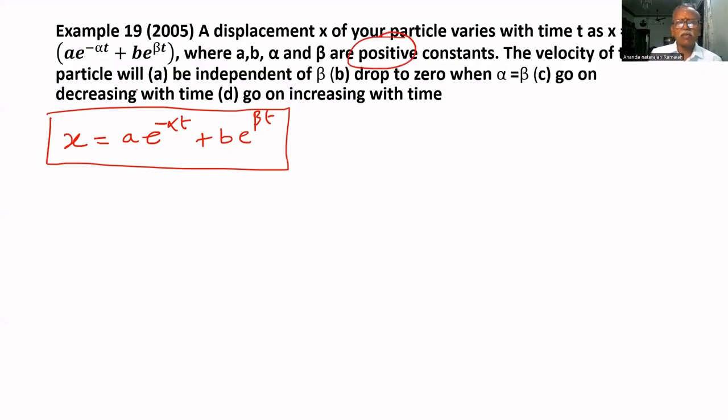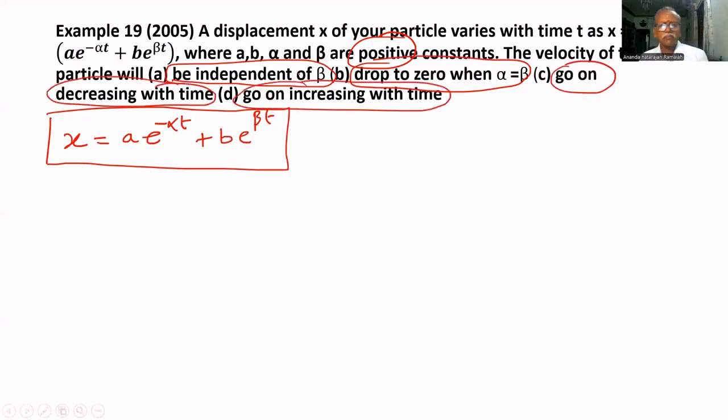The velocity of the particle will be, the question is this: A, independent of beta. B, drop to 0 when alpha equals beta. C, go on decreasing with the time. D, go on increasing with the time. D says as t increases, it goes on increasing.